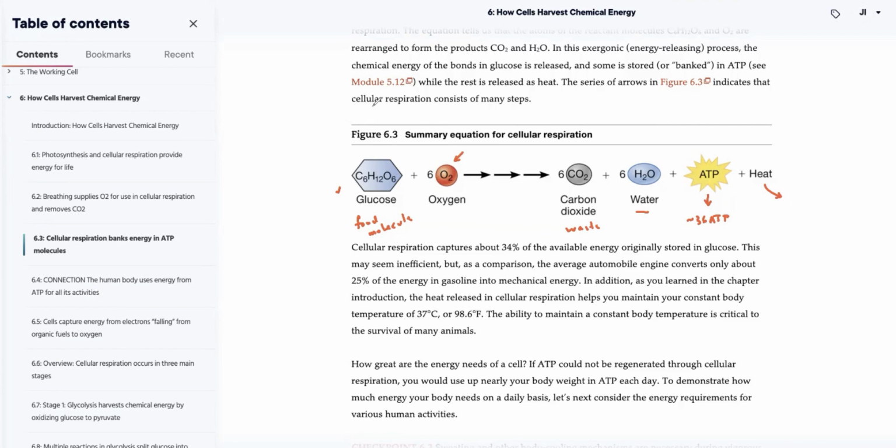Anytime we have a conversion of chemical energy, okay, call this chemical energy form 1. At the end, we have ATP, which is also chemical energy. Call this chemical energy form 2, right? Converting from one form to another.